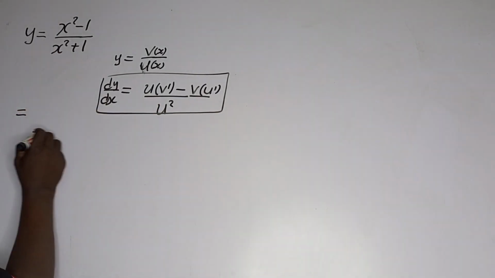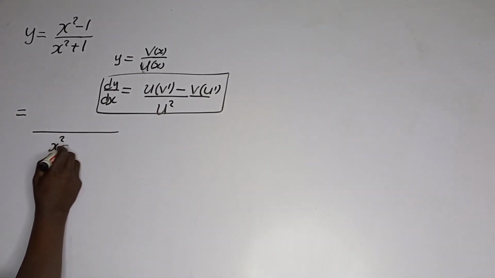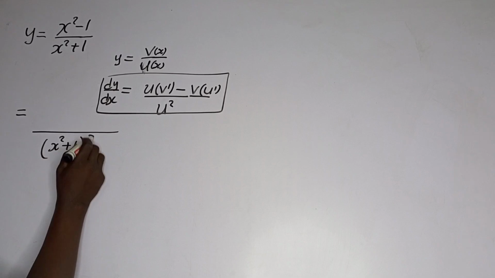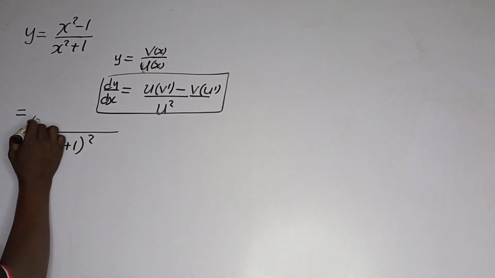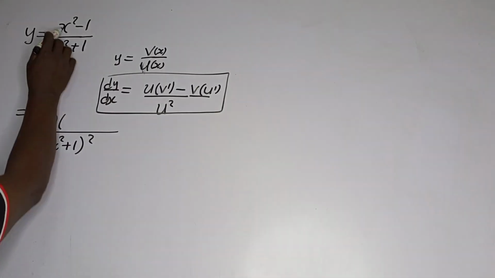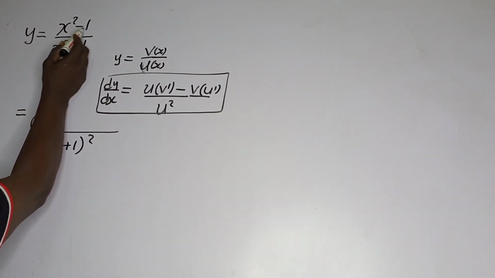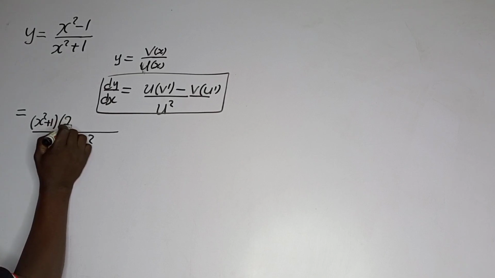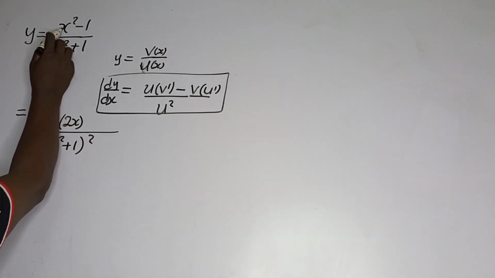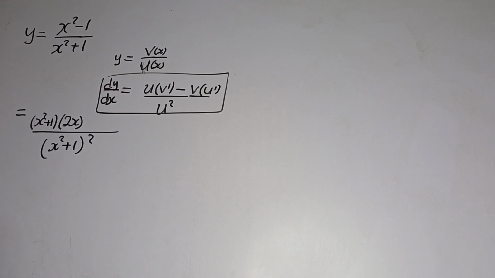We're going to get, we square the denominator. The denominator is x squared plus 1. So we square it. We take it up, x squared plus 1 multiplied to the derivative of the numerator. The derivative of the numerator of x squared minus 1 is simply 2x. Okay, we differentiate this and we differentiate that. Remember, when we differentiate the constant, we have a 0.